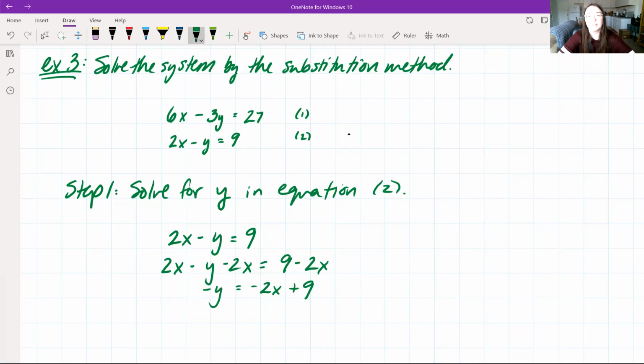Now we can multiply each term by -1 to get rid of our negative y, so we're just going to have a positive y. So we get y is equal to 2x minus 9. So this is our equation.